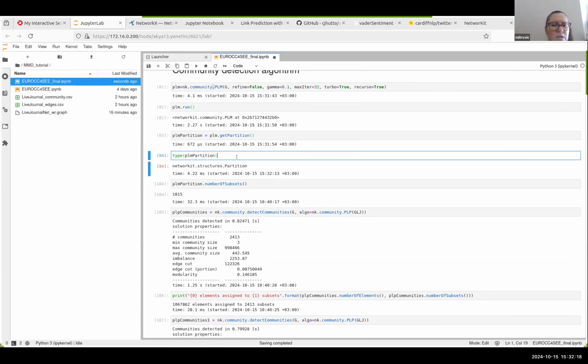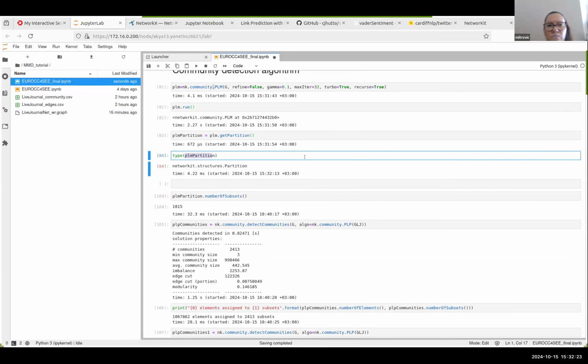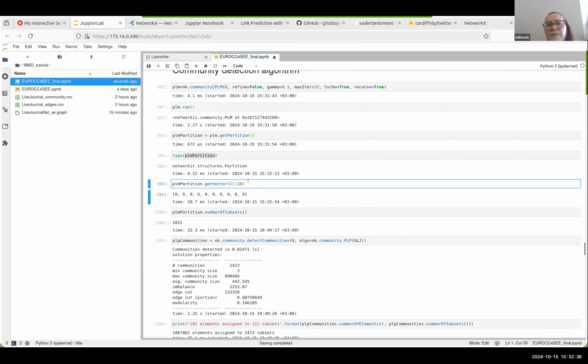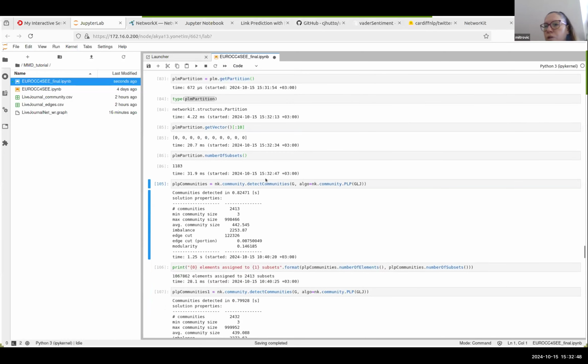I can show you how you can extract information from this. Our first 10 nodes are actually in the community that was labeled 0. And you can also look at the number of subsets. This means the number of communities your algorithm found at the specific moment.